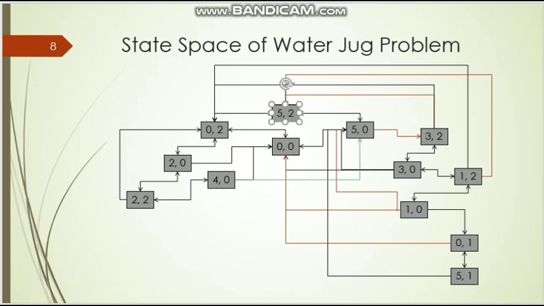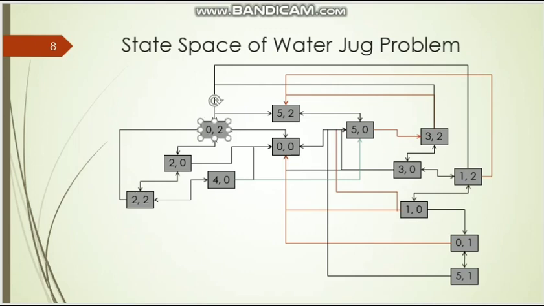So to make it an integer, we have to either throw all the water, or transfer the partial water from one jar to another jar, or we can pour or we can throw, right? So from this particular node, if we throw all the water from the X jar, then it would be 0, right? So there is one edge from 5,2 to 0,2.